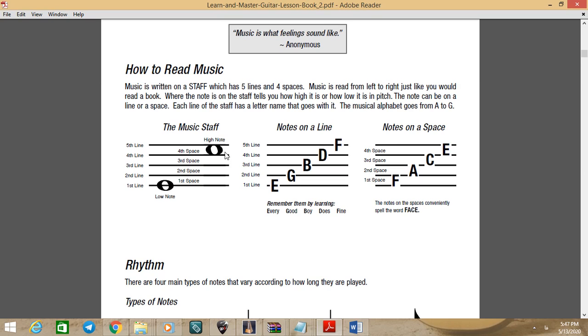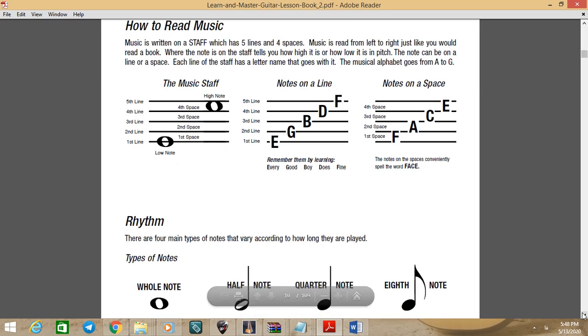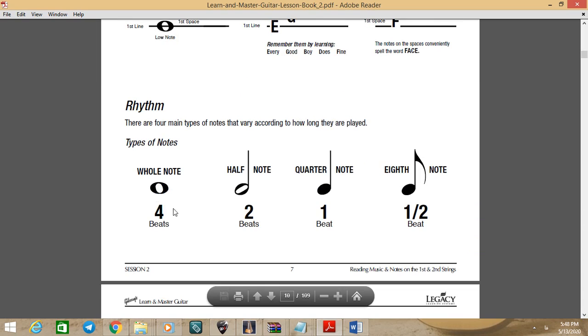We understand timing from the shape of the note, and on the page we have some shapes of the notes. We want to work on these three kinds of notes because we need them, and we will speak about the eighth note in future.